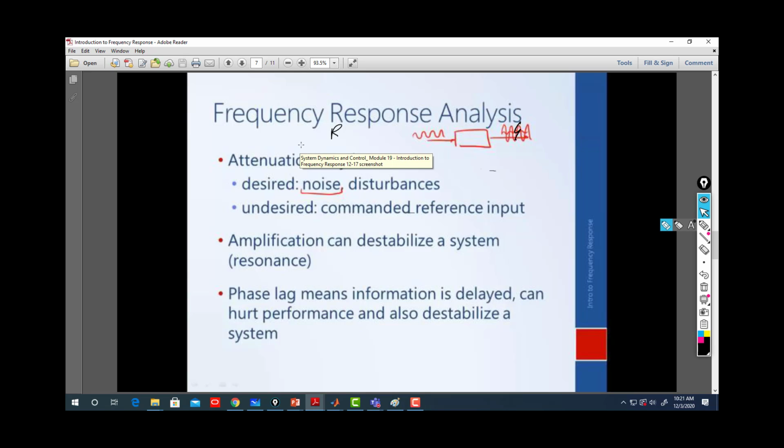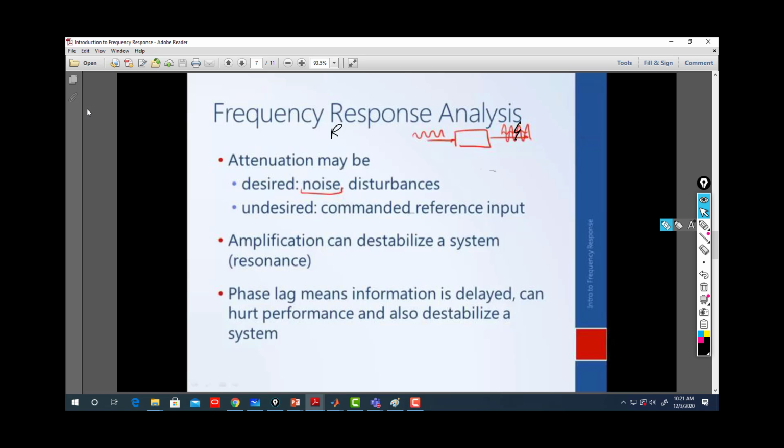Radio communication, telecommunication. In frequency response analysis, attenuation may be desired or undesired. In general, you have attenuation, and it may be desired or undesired, for noise and disturbance or for the commanded reference input.